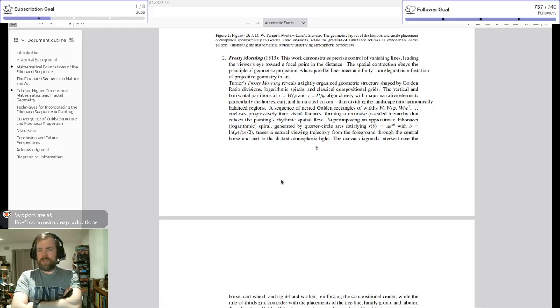shaped by the golden ratio divisions, logarithmic spirals, classical compositional grids, vertical and horizontal partitions at x equals w over phi and y equals h over phi align closely with major narrative elements, particularly horses, cart, and luminous horizon, thus dividing the landscape harmonically into balanced regions.